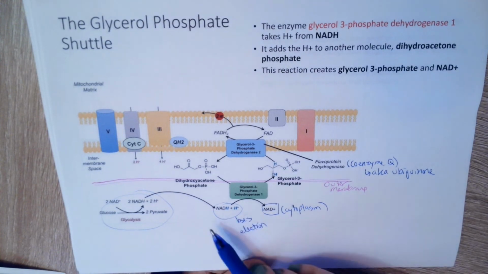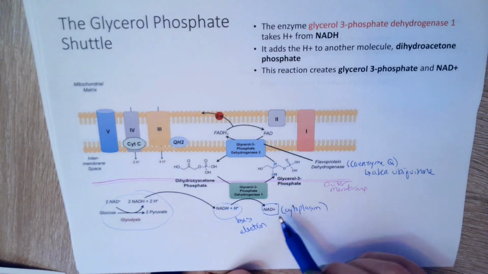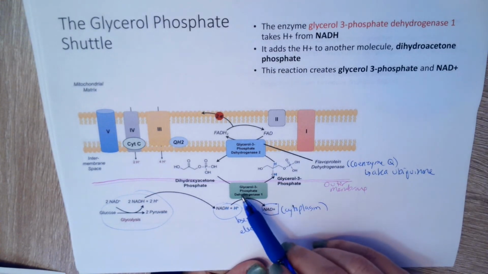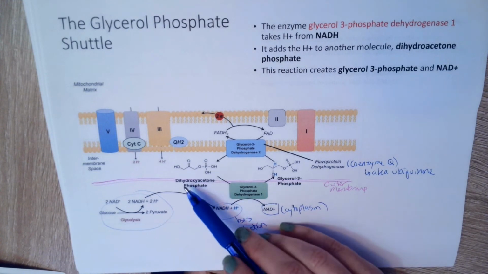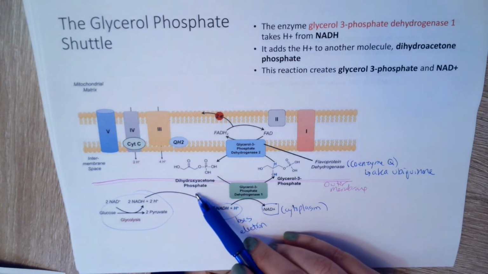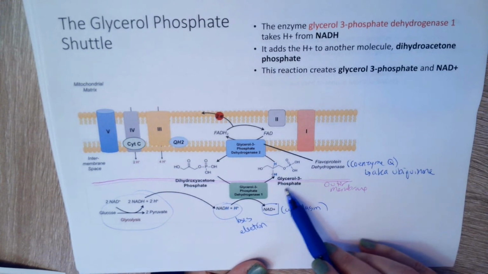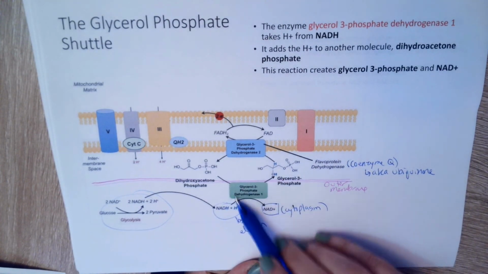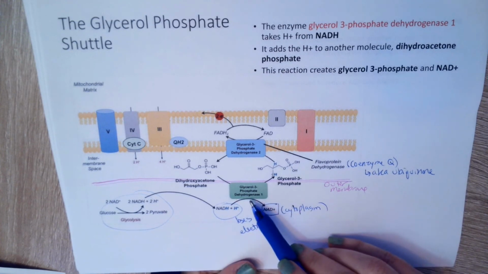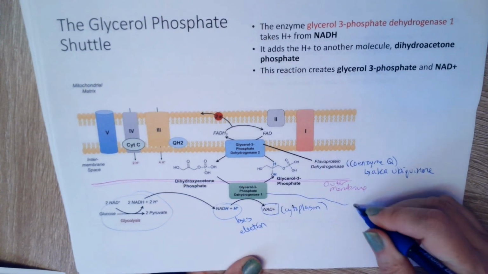Now, there's an enzyme involved in this entire reaction where we are taking another molecule called dihydroxyacetone phosphate, and we are converting it into glycerol 3-phosphate. The enzyme that does this is glycerol 3-phosphate dehydrogenase. The name right there says it all.